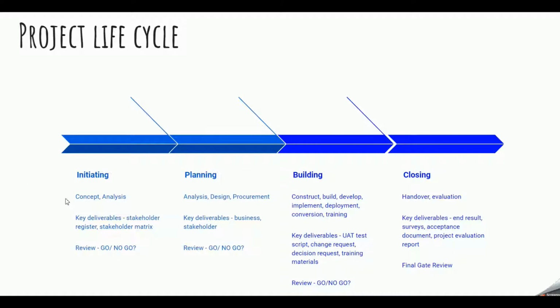As I mentioned before, a lot of it has to do with proving concept and doing further analysis. And then some of the key deliverables at this stage include stakeholder register and then stakeholder matrix. What this means is that we need to identify at the very beginning the roles and responsibilities of key stakeholders in order to make sure that everybody's clear on what's expected from them.